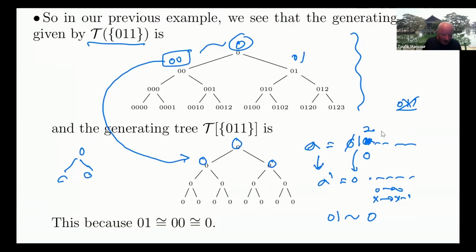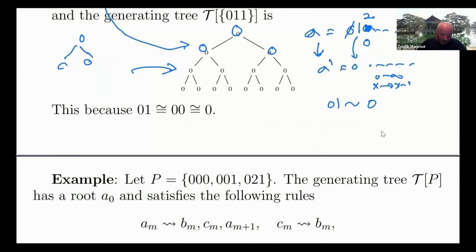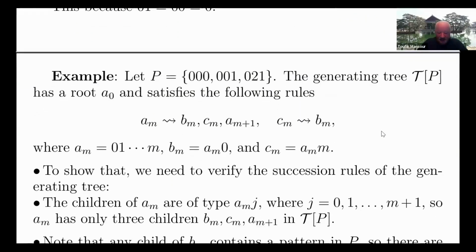It's easy to see in the new tree, instead of seeing that in the old tree. So this is the trick, actually. Now let me give you a more complicated example. Let us say I have three patterns, 0, 0, 0, 0, 0, 1, and 0, 2, 1, and I want to build the generic tree.